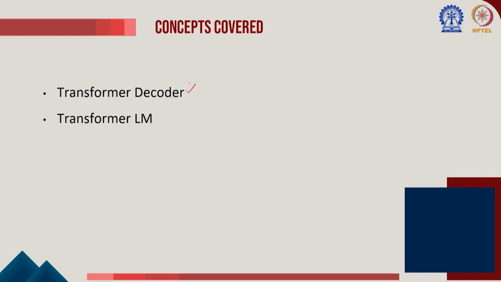We will reuse the components that we have already learned, and we will see what extra is needed to add a transformer decoder so that we can get an encoder-decoder model. And then we will also briefly tell what you will need to do if you just want to use the transformer as a language model.